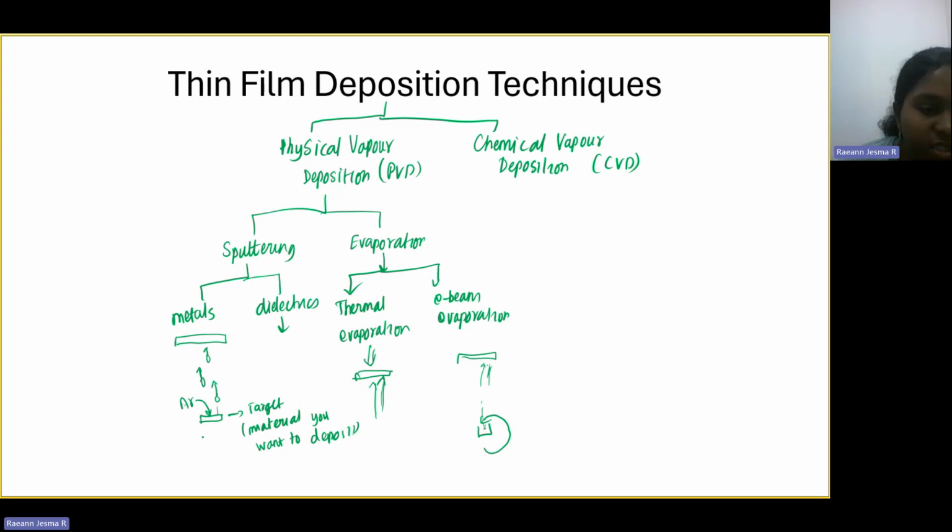So let's say you want to do metal deposition, and you have a photoresist like this. We want to do metal deposition plus liftoff.